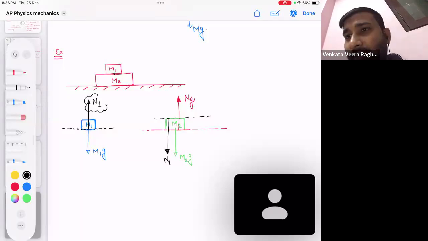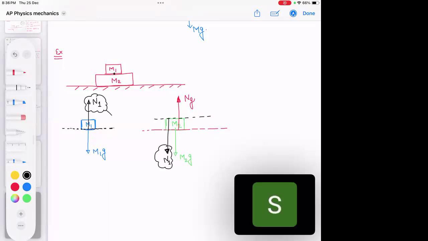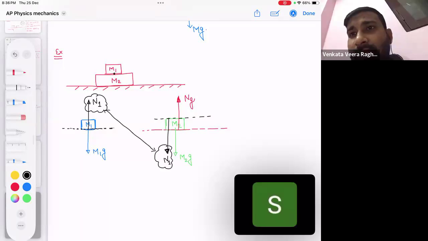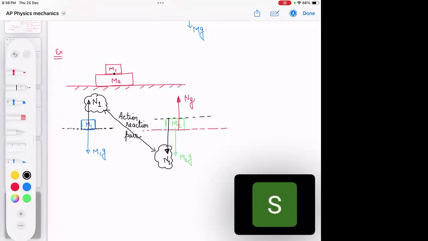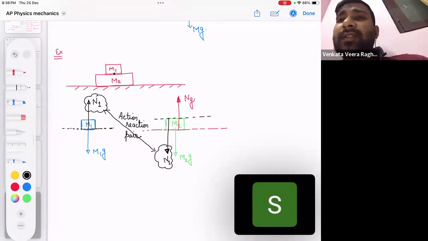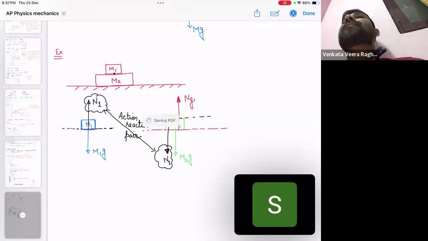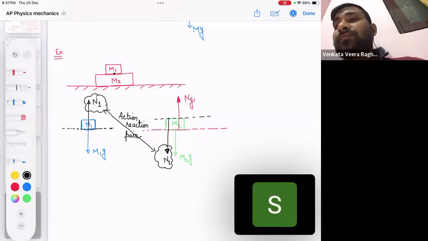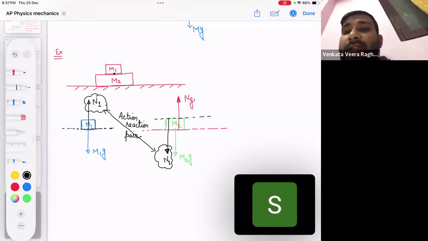Can you say this force and this force are an action reaction pair? Understood? Is the free body diagram of m2 complete, or is it missing something? That is the complete free body diagram of m2. Nothing is missing.